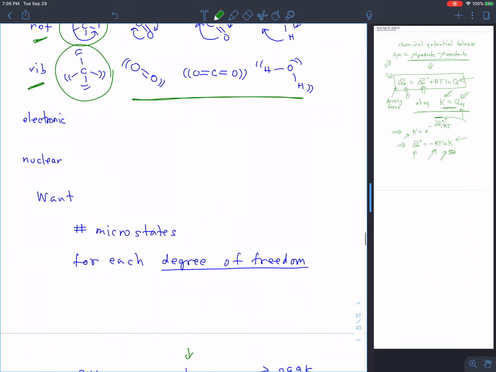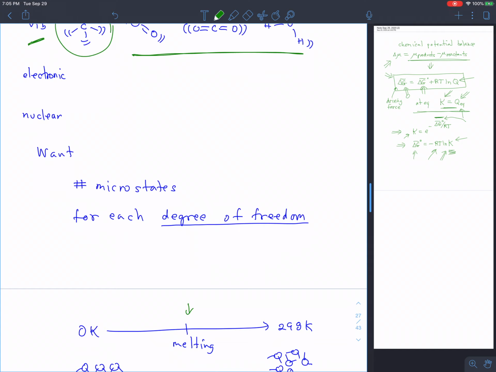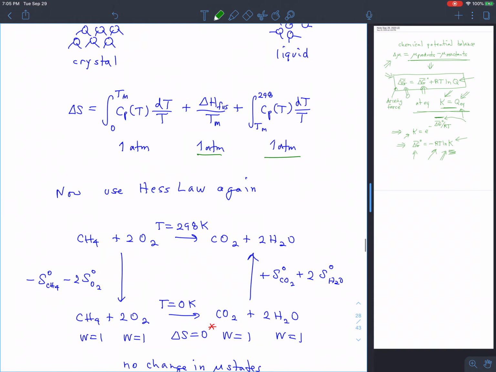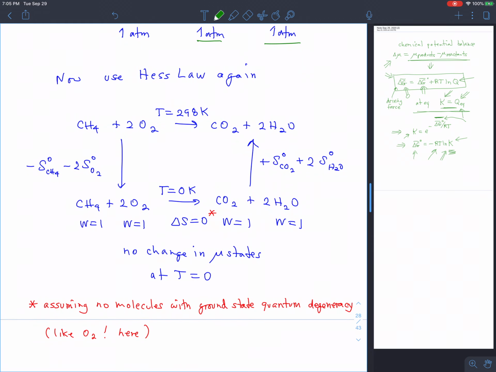All right, so what we want is the number of microstates for each degree of freedom. We want to see the changes in those things that occur in the course of a chemical reaction. So let's look at our chemical reaction again. And this time, let's think not about free energy, but about entropy.